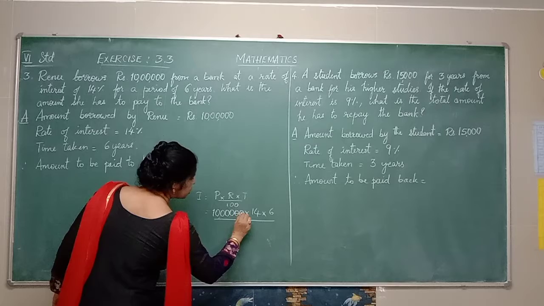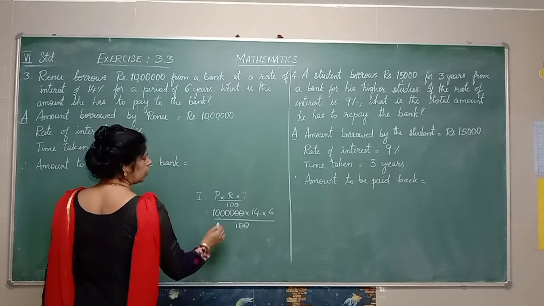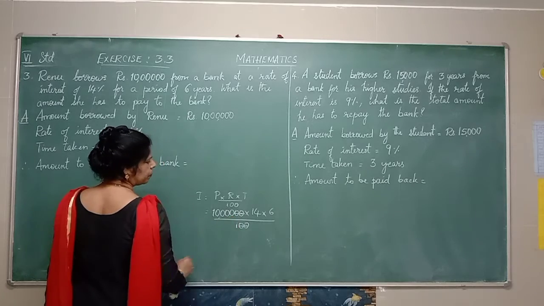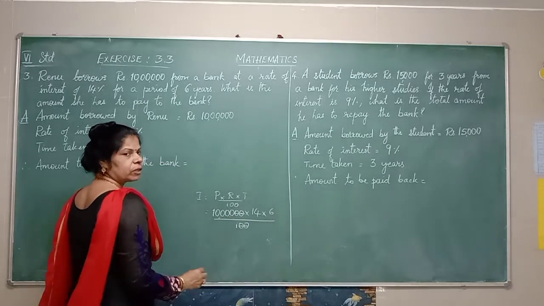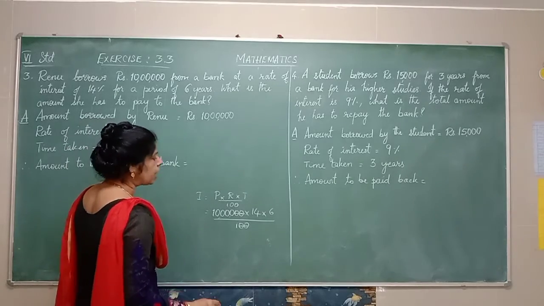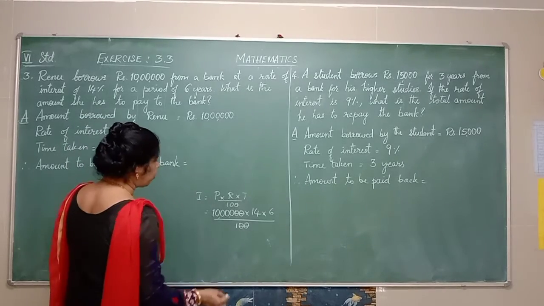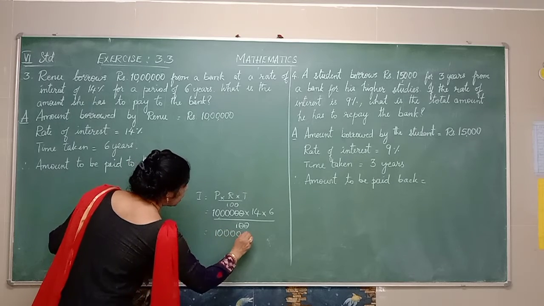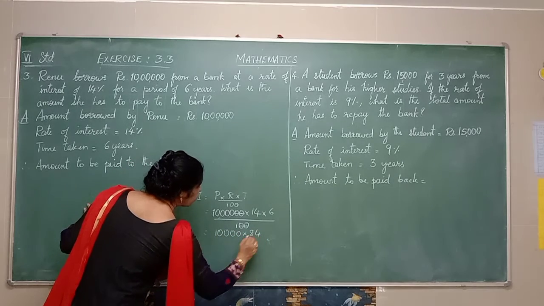So, what happens? These two zeros go, these two zeros go. Now, how much remains? See, 10,000 is remaining. 10,000 and 14 sixes are how much? 14 fives are 70, 14 sixes are 84. So, it is 10,000 into 84.